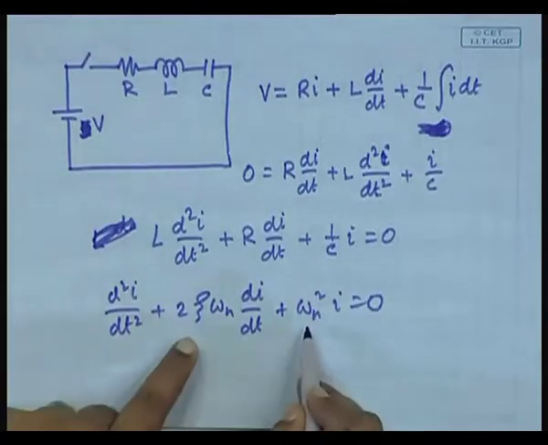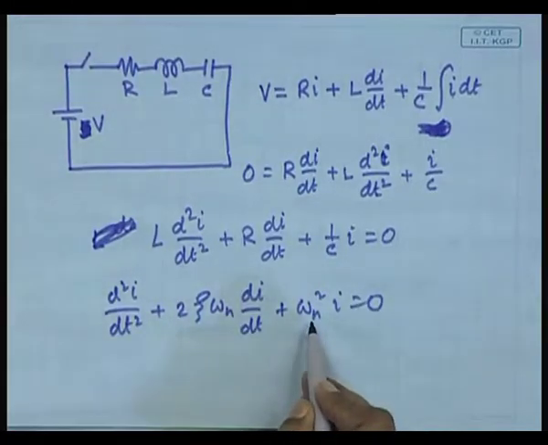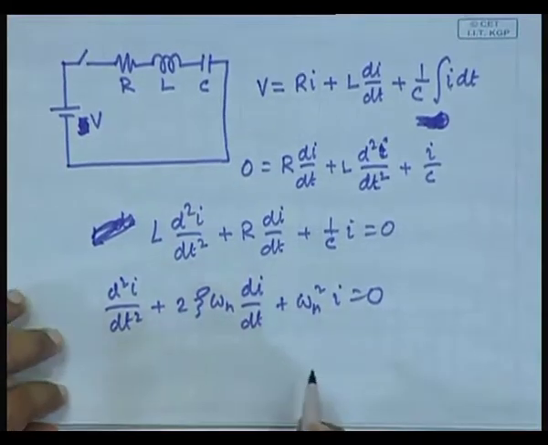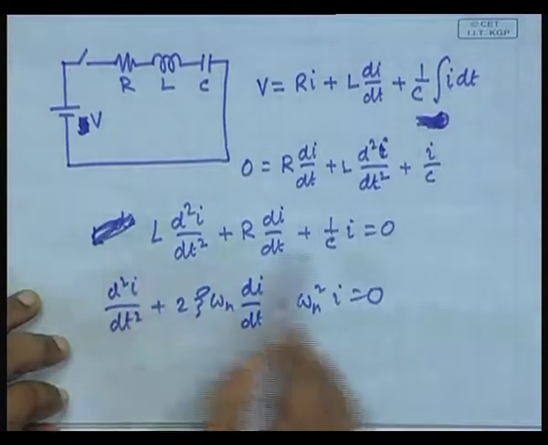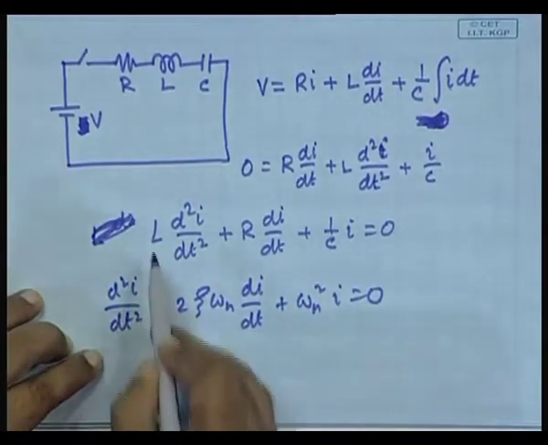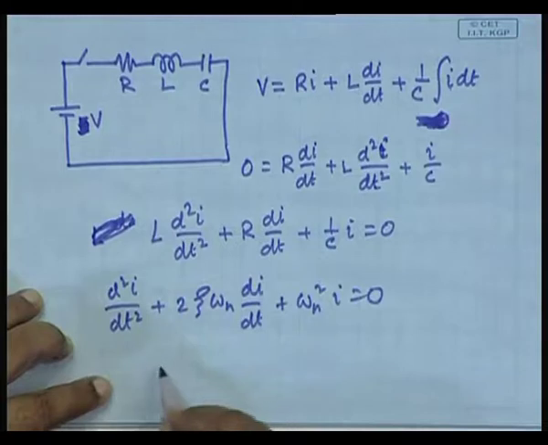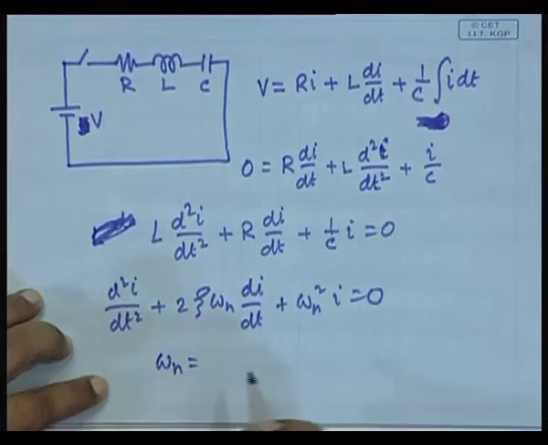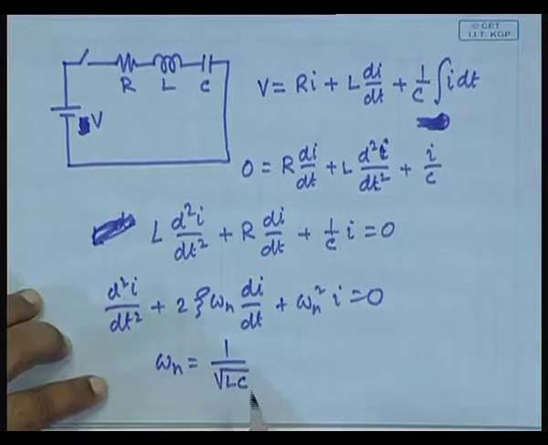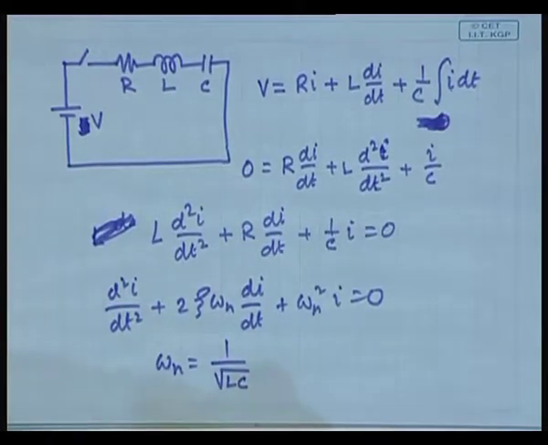So, you write down what will be omega n square. Yes, L will have to be divided through. So, omega n is equal to 1 by root L C, fine.